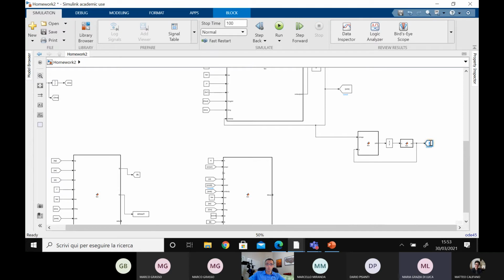Okay, so this will be Q of the body. And this is the one that we need to compute the DCM.